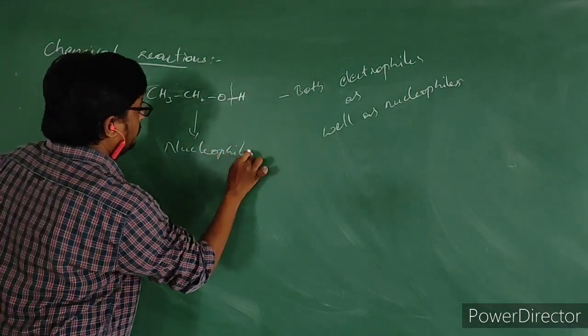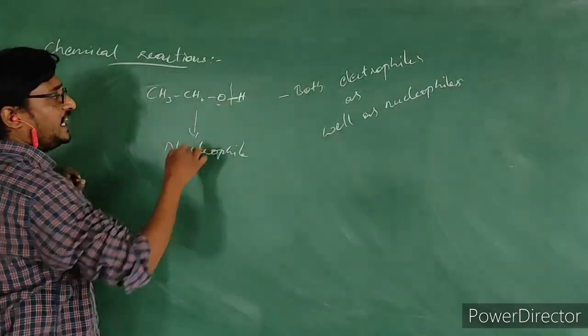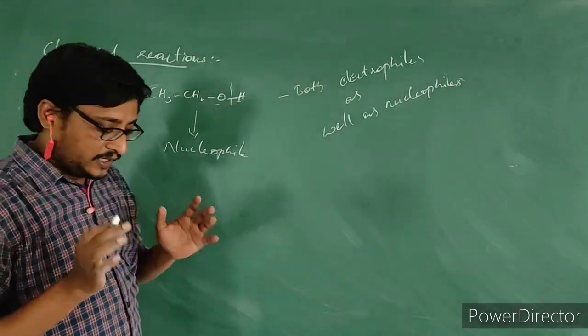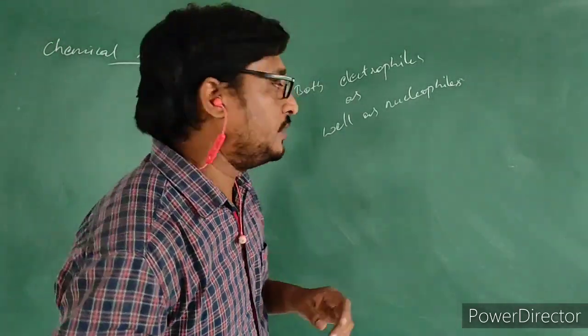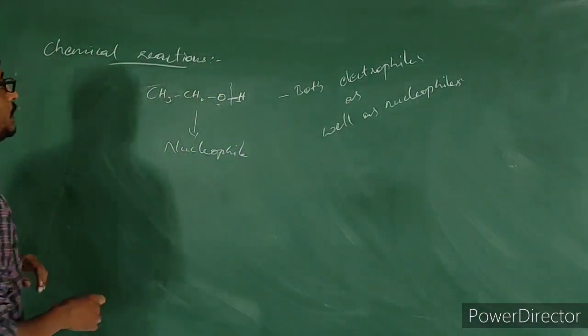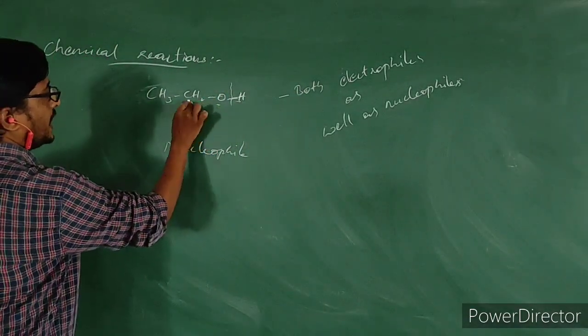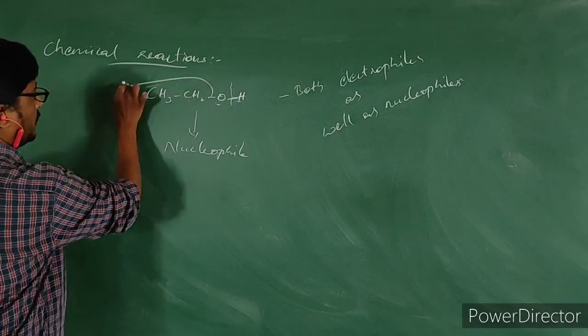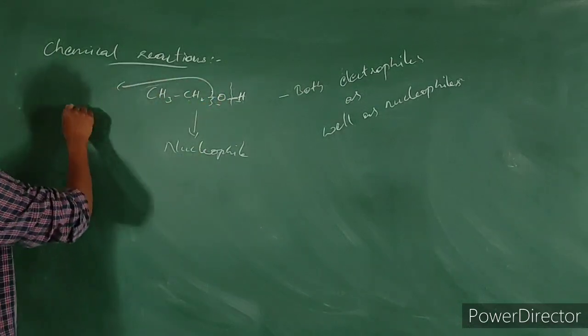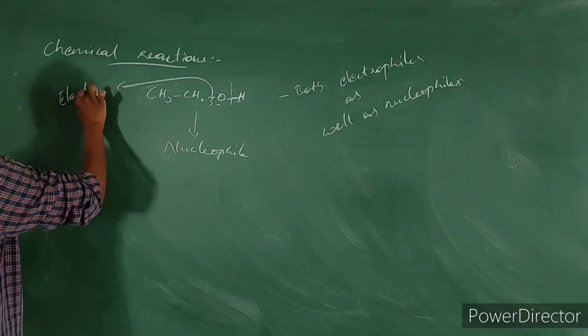If the bond between oxygen and hydrogen in the OH group gets broken down, it will act as nucleophile. If the bond between carbon and oxygen gets broken down, then it will act as electrophile.